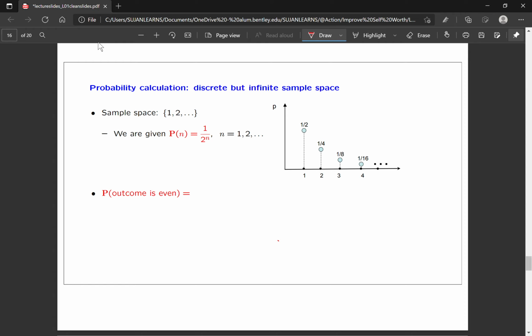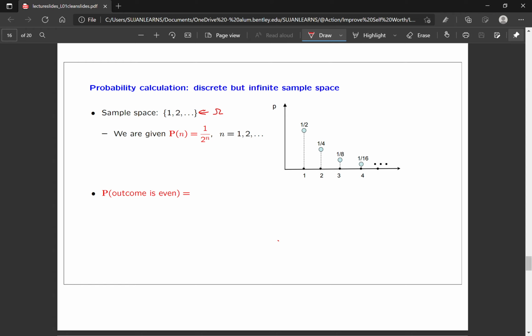We can get a head in the first toss, we can get a head in the second toss, and this can go on to an infinite number of times. Therefore, we have a sample space where the number of tosses can range from 1 to infinity. This is our sample space.